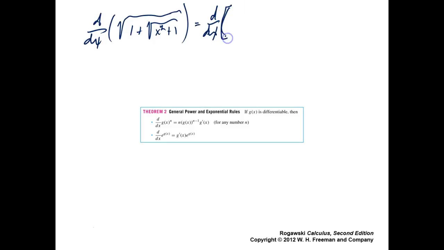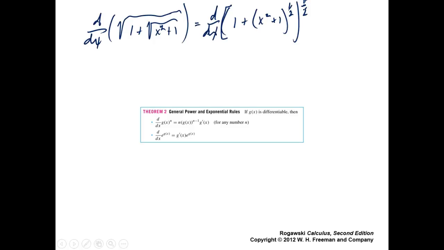I think I'll put a big bracket out here, 1 plus parentheses x squared plus 1. That's to the 1/2 power. And the 1 plus all that is to the 1/2 power.